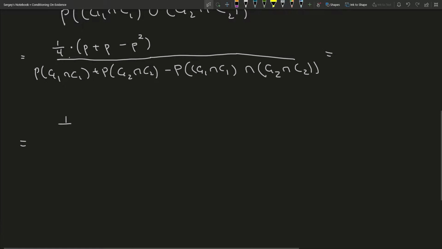So in the numerator, we have 1 over 4 times 2p minus p squared.